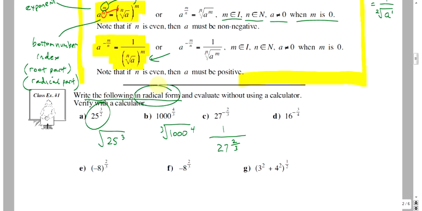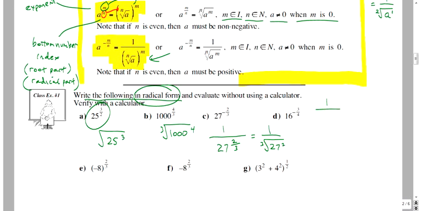It's still not in radical form. That's 1 over. How do I write this as a radical? The bottom number is the radical. Top one is the exponent. Okay? 16 to the minus 3/4.